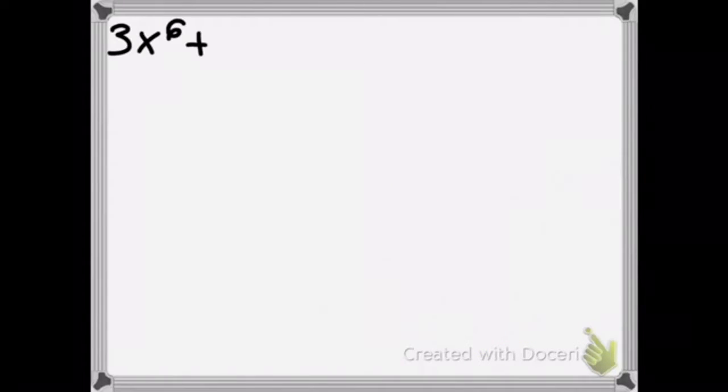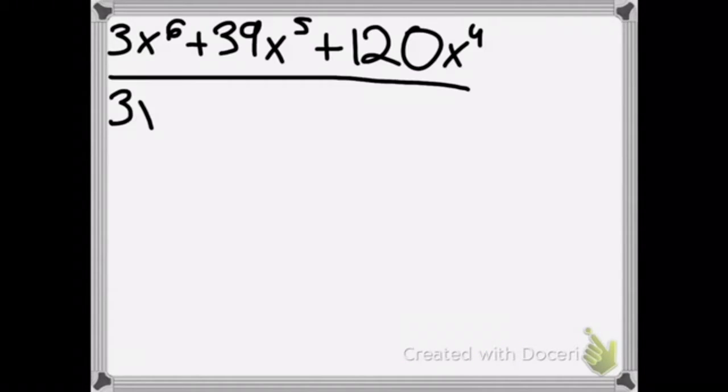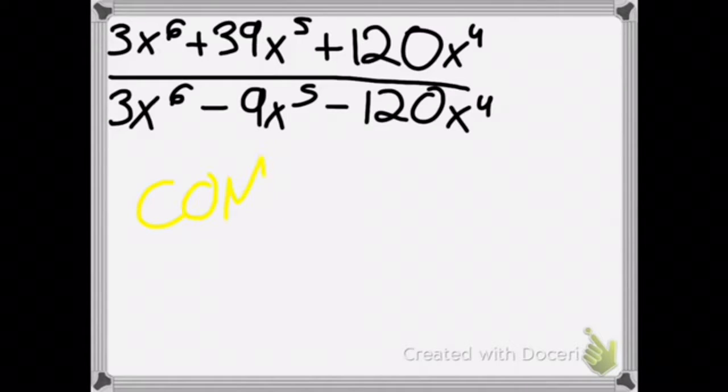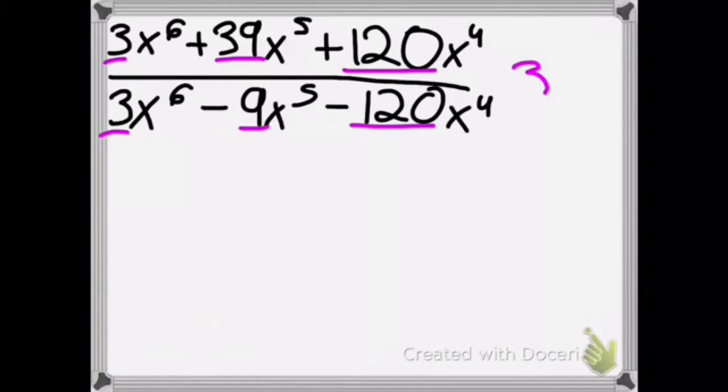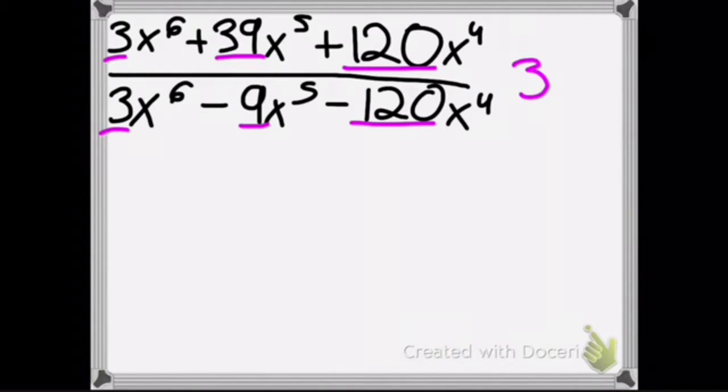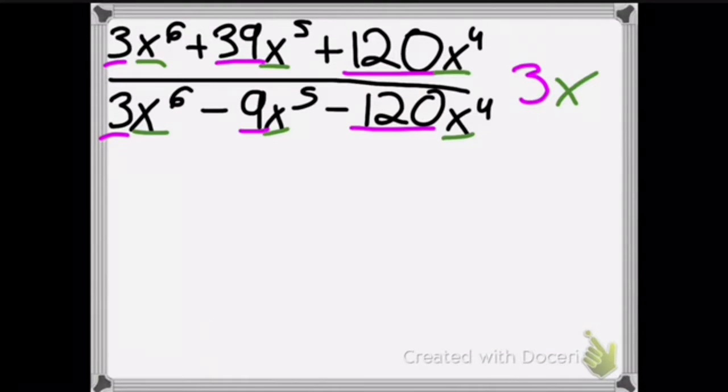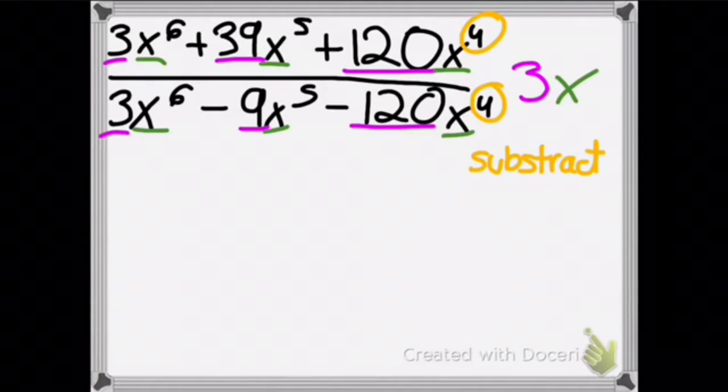To solve this, we need to find the common factor. In this case, we need to look for a number that can divide all the numerical coefficients. This number is 3. In this expression, x is also a common factor, so we add it to the monomial. Now we need to look for the smallest exponent, because we are going to subtract it from the rest.